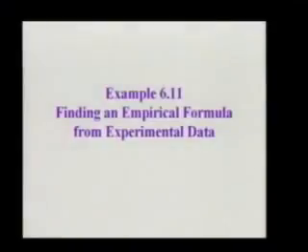All right, so let's take a look at what I'm talking about. If you take some experimental data, how do you figure out what the empirical formula is for your compound? A laboratory analysis of aspirin determined the following mass percent composition. Find the empirical formula. You have a sample.